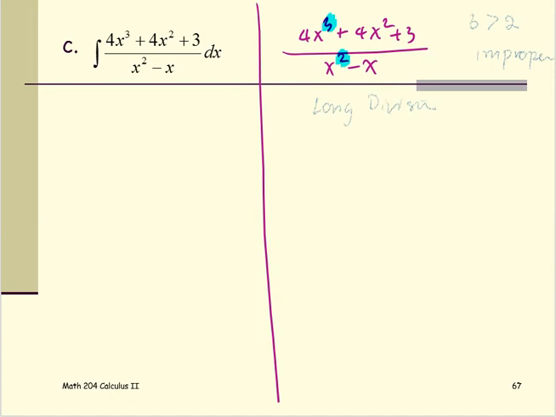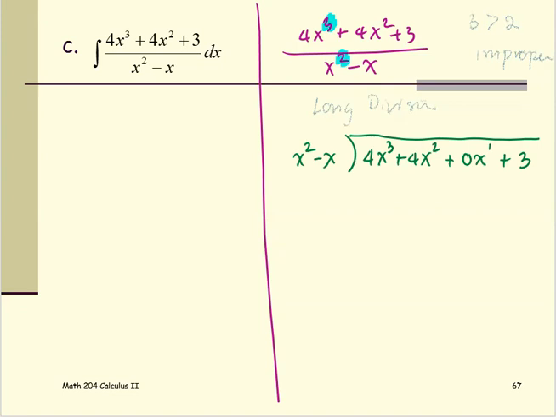We're going to start by writing the numerator in order of the power. We are missing the power 1, so I'm going to put 0 times x to the first power and then plus 3. Then make the symbol of the long division and put the divisor x squared minus x.